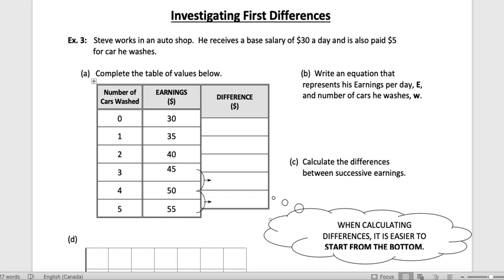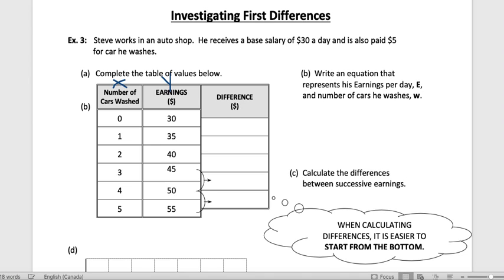This would be our x column, the number of cars he washes, and this would be our y column. Remember, our equations are always in the form of y equals mx plus b. This is lowercase y.